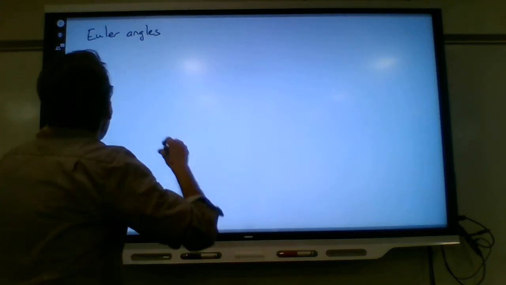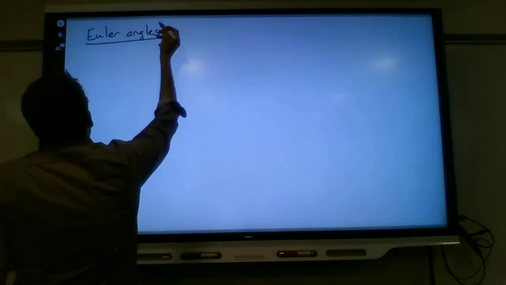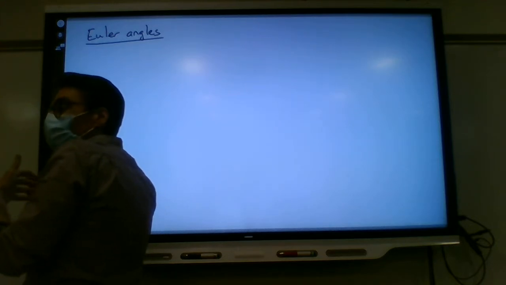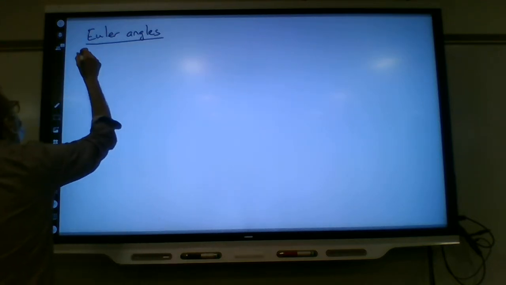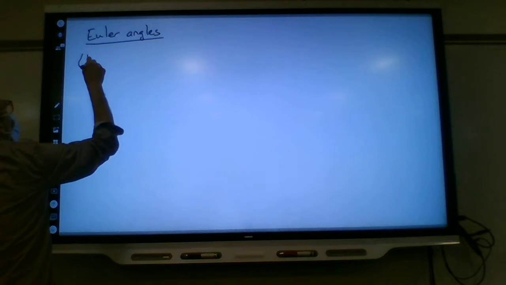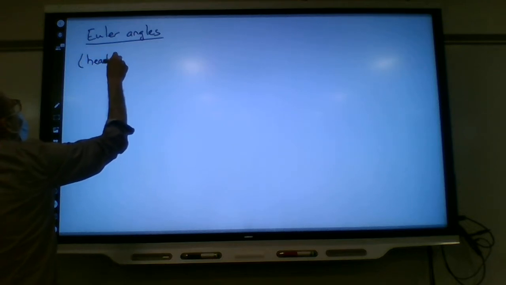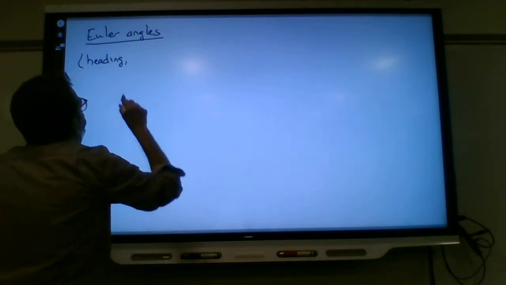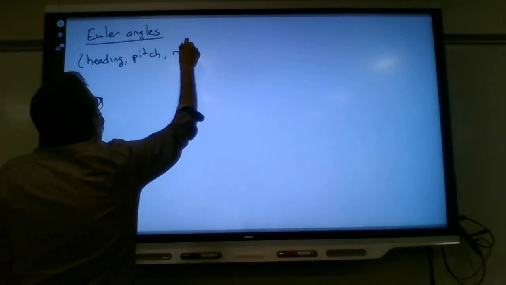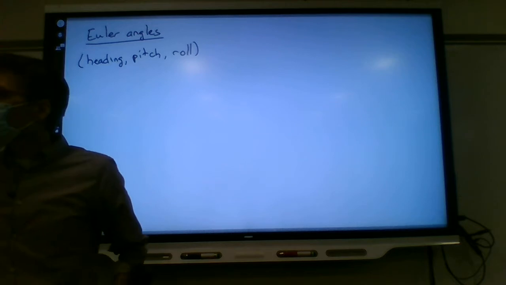What we have is 3 angles. One describes one type of rotation, the other 2 describe 2 different types of rotation. And we'll use our author's approach to this. Our author describes these 3 angles in terms of heading, in terms of pitch, and in terms of roll.